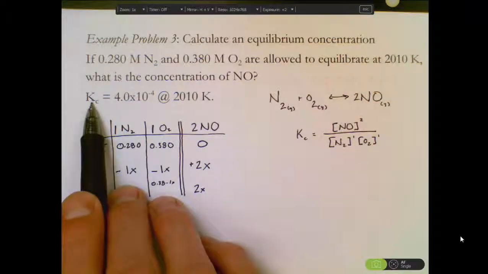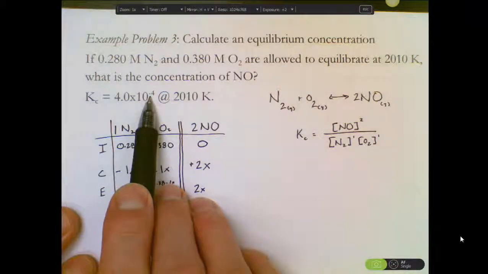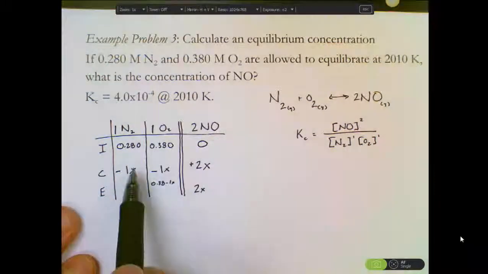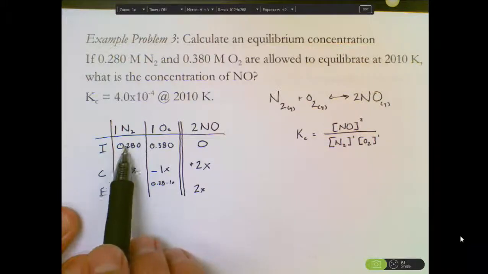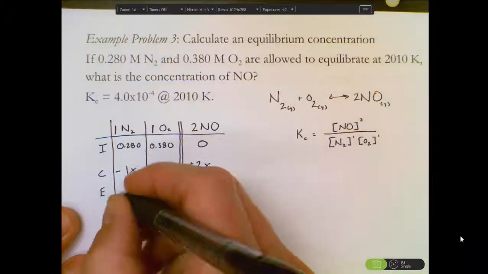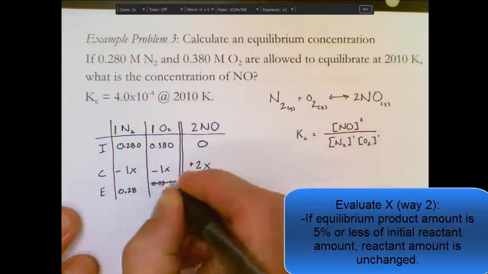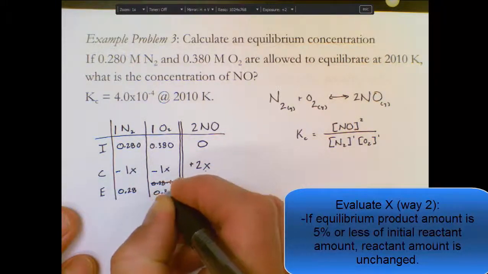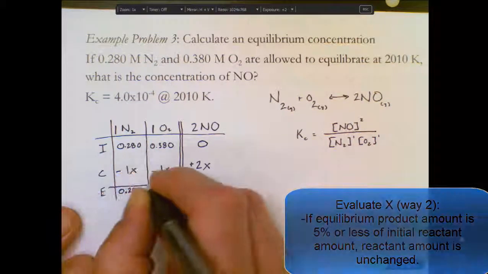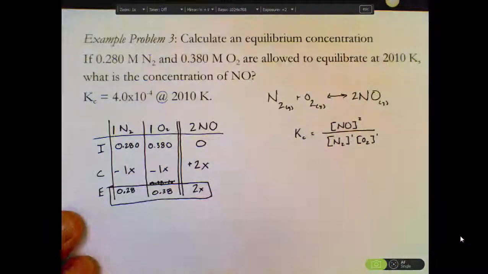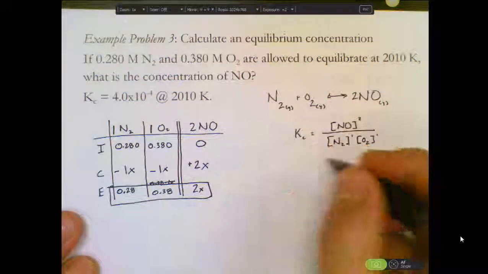So if K is small, times 10 to the negative fourth or smaller, negative fifth, negative sixth, etc., we don't have to actually change the initial concentration of our reactant. So I can just bring my initial straight down. Even though some of that reactant does change, statistically it's not going to be enough after significant figures to make a difference.